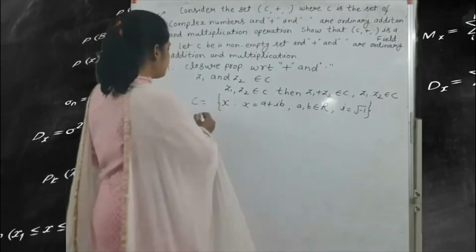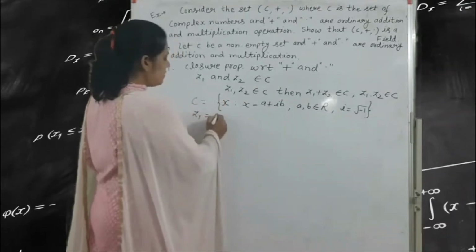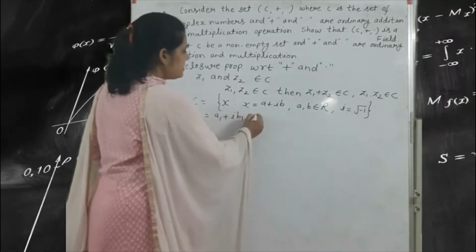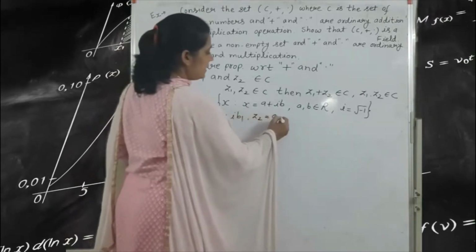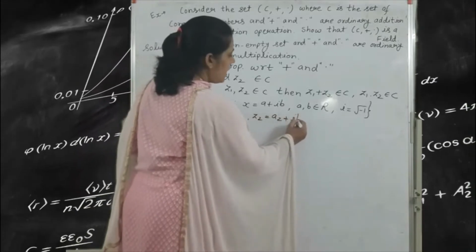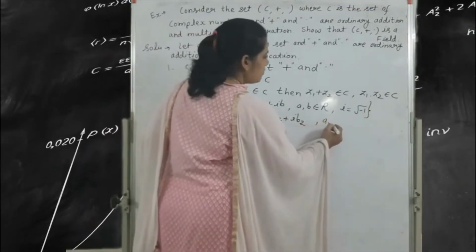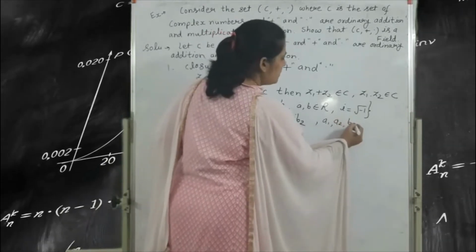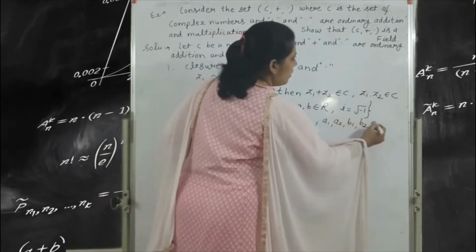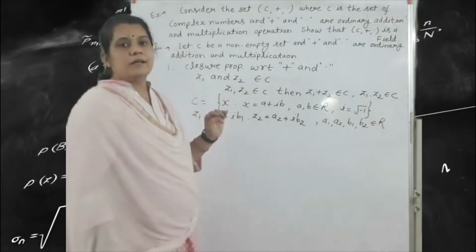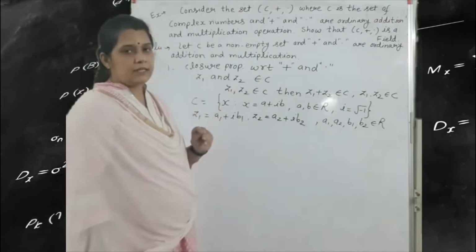Okay, so here we consider Z1 is equal to a1 plus ib1 and Z2 is equal to a2 plus ib2. Here a1, a2, b1, b2 belong to R. That means a1, a2, b1, b2 are elements of the real number set.